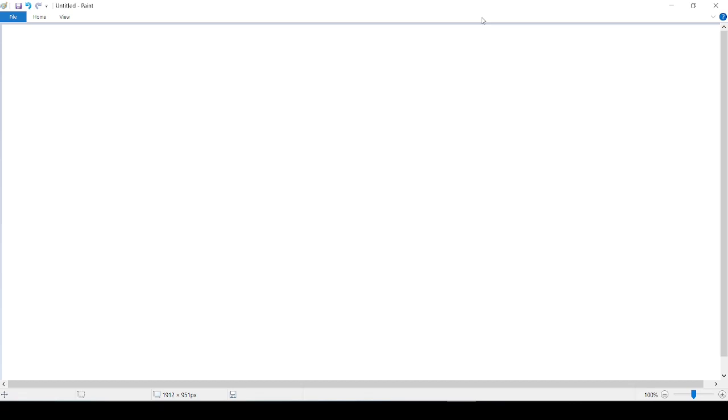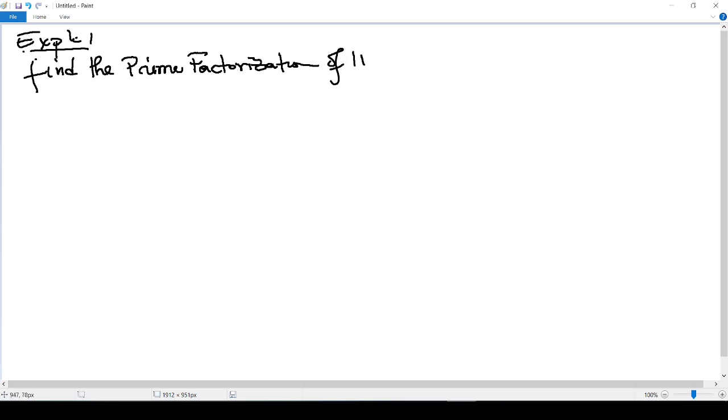Let's do our first example. Example 1: Find the prime factorization of 100. Based on all we said previously, we take our original number, which is 100, and we start dividing it. Which is the first prime number that we can use? 2, right?